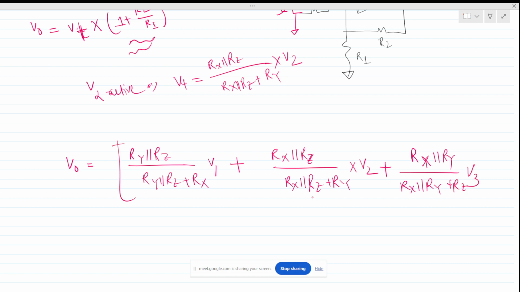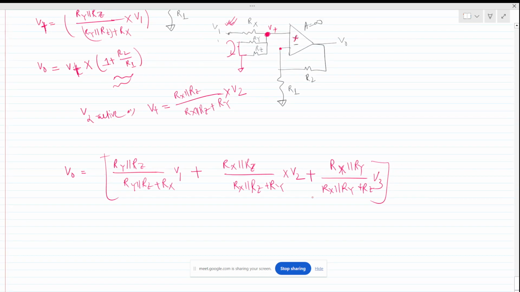Into the whole thing multiplied by 1 plus R2 by R1.